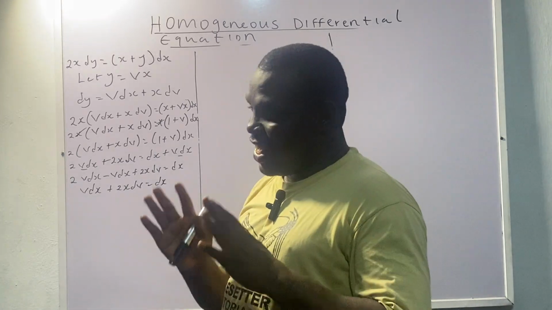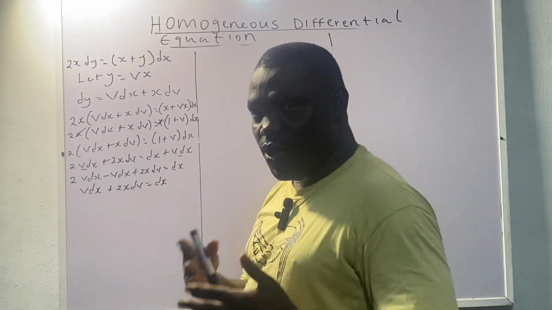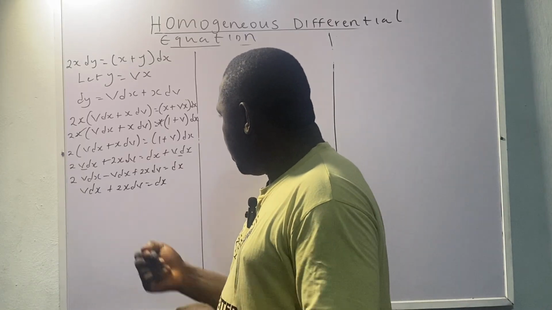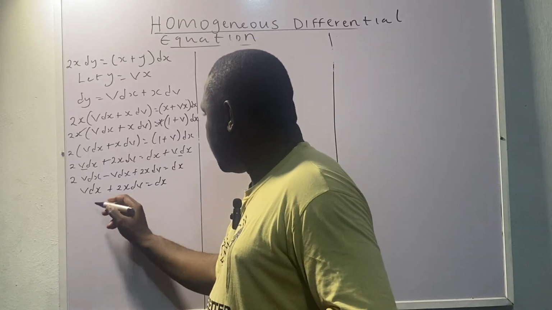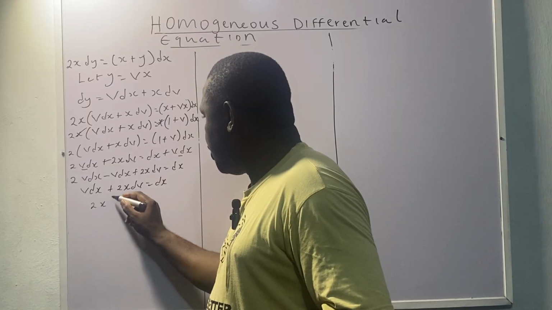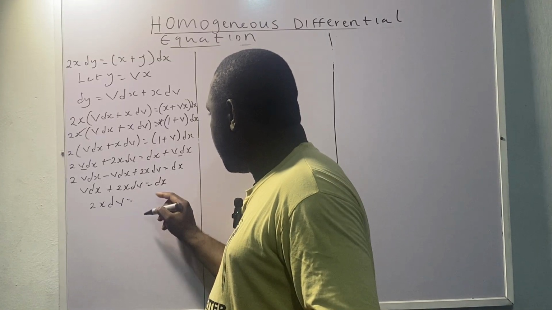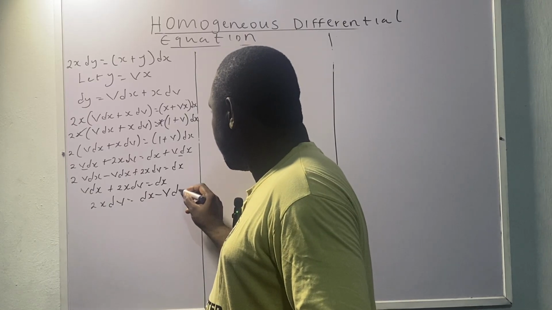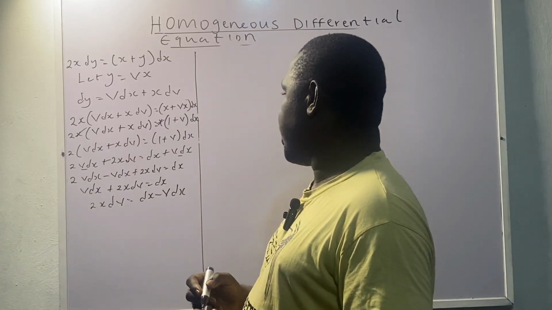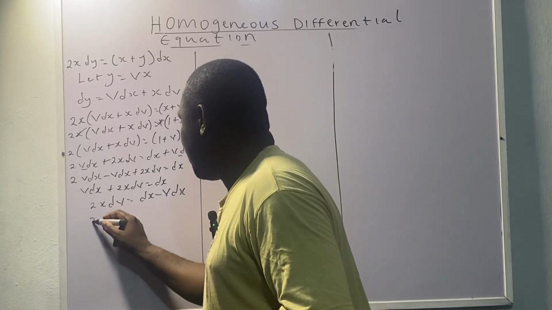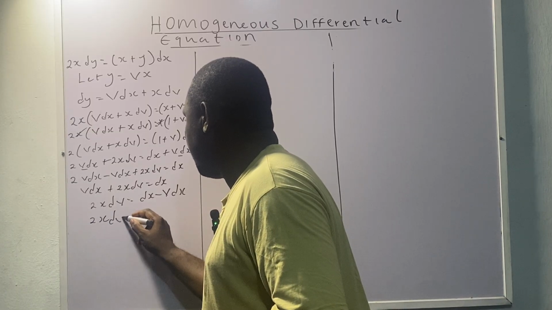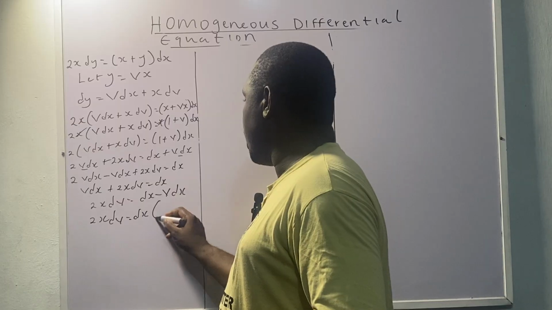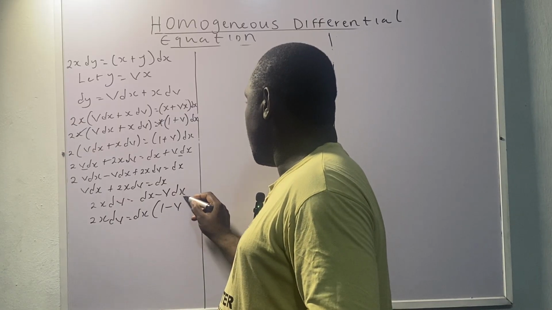In case there's any part that is not clear to you, you can drop it in the comment section. Okay, so what's the next thing? Where I'm saying dx, I could take it here. So I have dx and dv, so that you have (v minus 1) dx, and then we have 2x dv. Then dx is common, so I could take it out. I have this.